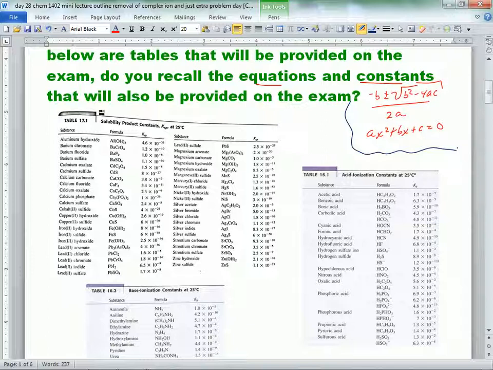How about another relationship? How about pH? That's equal to negative log of H plus. What else? Do you remember? Besides pH, there's pOH. Okay, there's a few more.